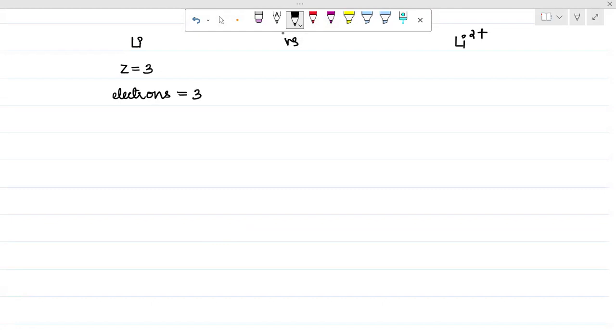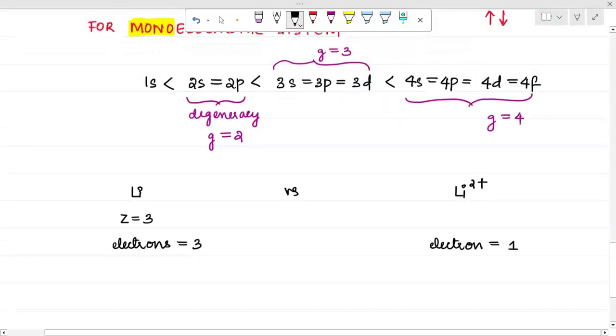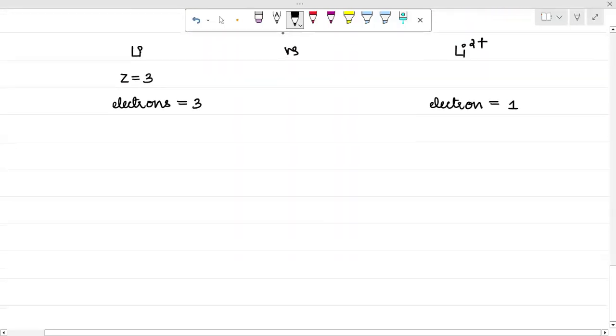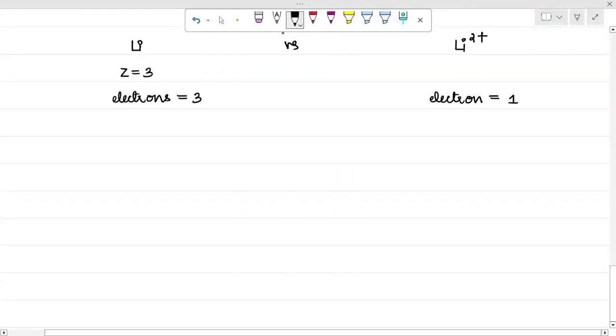But in lithium 2 plus, since 2 electrons are lost from the system, there's only one electron present, and hence this is a monoelectronic species. It has got only one electron.